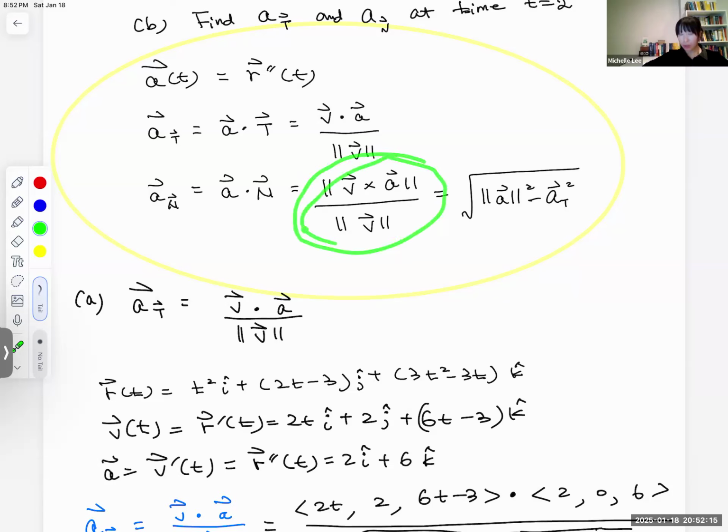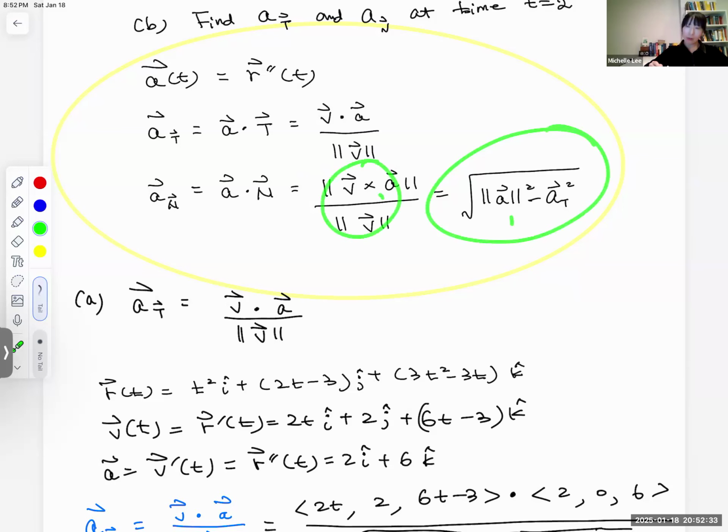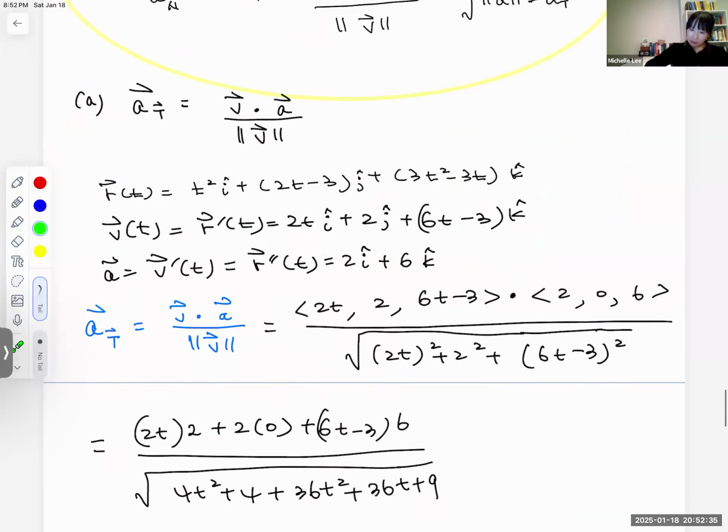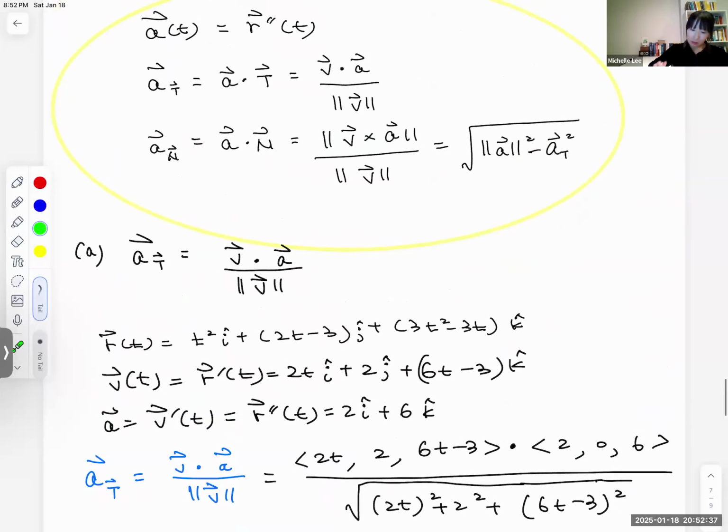We can do that easily: cross product first, and then we take the magnitude, right? Also, we can do this one too. I'm going to try this one. You try this one, all right? Let me copy.